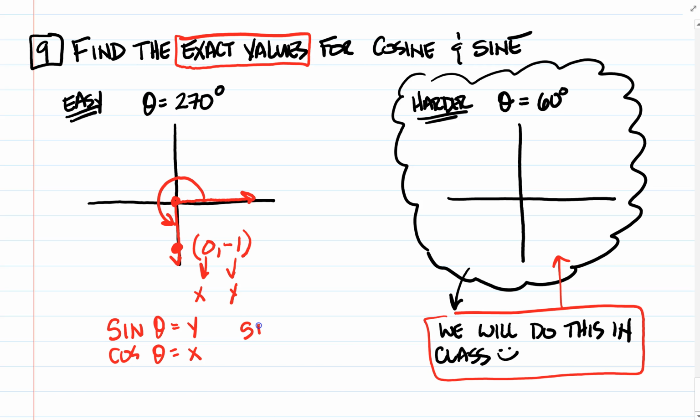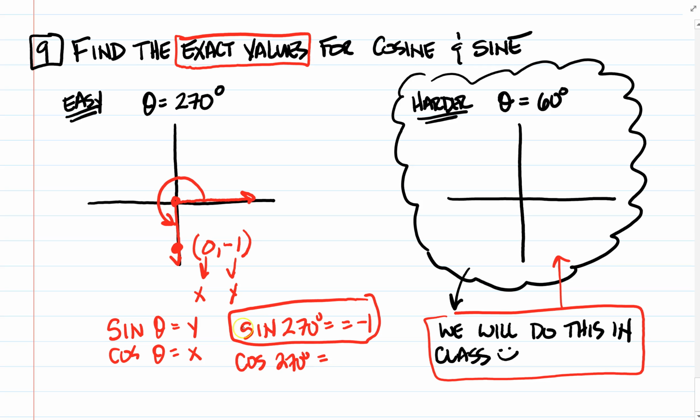So it must be true then that the sine of my angle, which is 270 degrees, is just the y value, which in this case is worth -1. Woohoo! So the exact value for the sine of 270 is -1. What about cosine? The cosine of 270 degrees is going to be the x value at that point, which in this case is just worth 0.